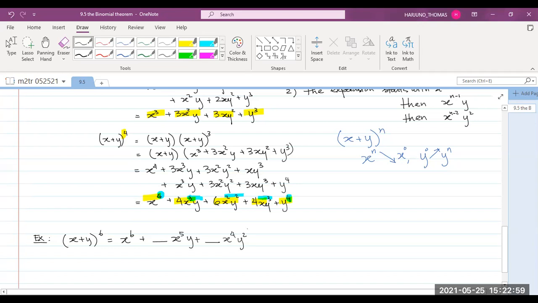You see the exponents still add up to 6, plus something x cubed y cubed, plus something x squared y to the 4th, plus something x y to the 5th, plus y to the 6th. Can you follow me?